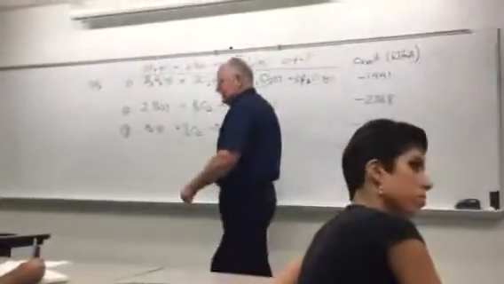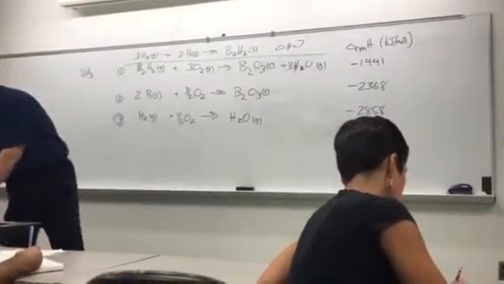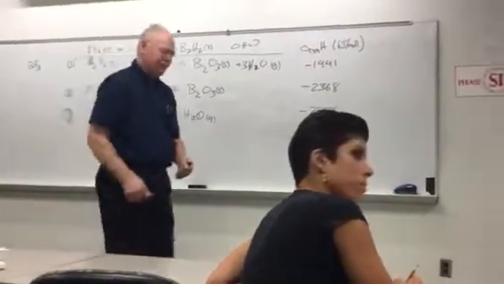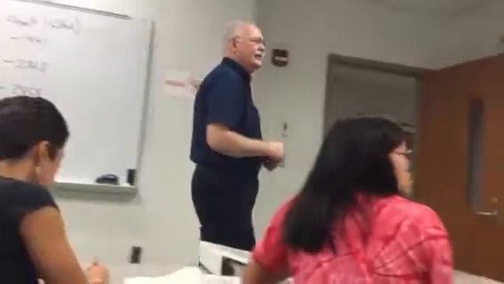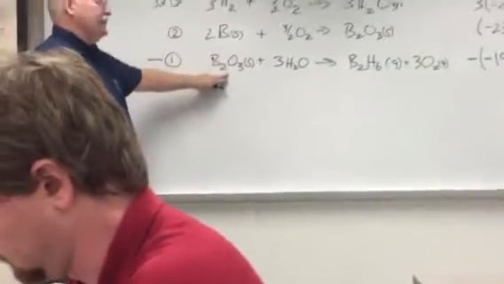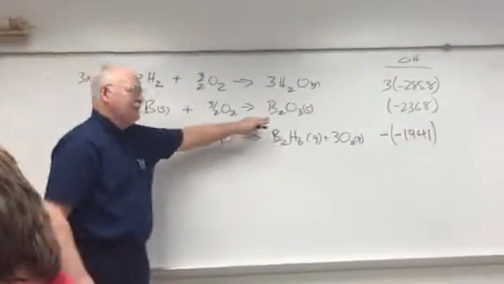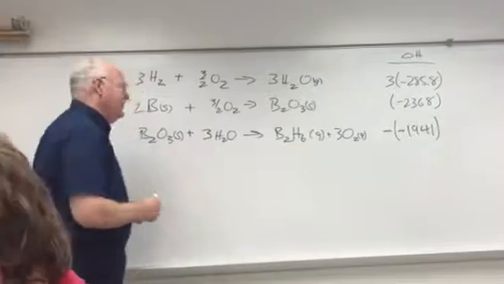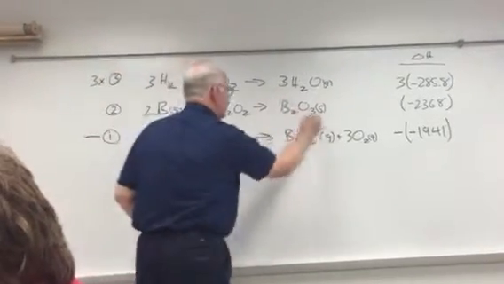Now, if we were to add all 3 of those reactions, what would we get? Well, if we add them, we have diboron trioxide on the reactant side here, and on the product side there. We can cancel that out.